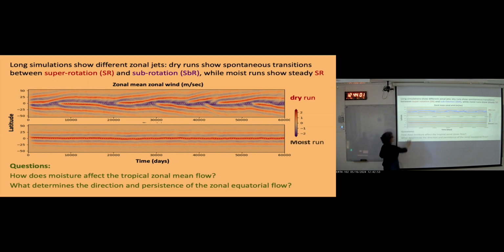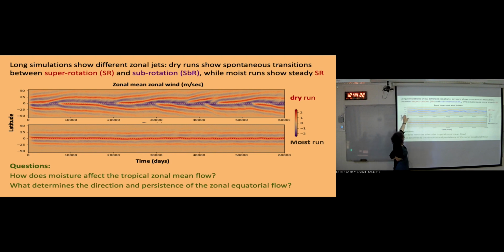This is what you get for a dry run and moist run. These are 60,000 days of longer runs. Okay, we've gone up to 120,000 days. And red is westerly flow, so eastward, super rotation, faster than the Earth, and blue is sub-rotation.